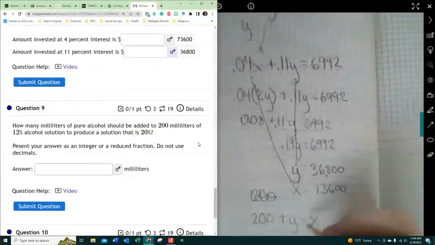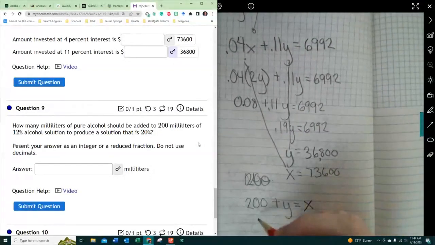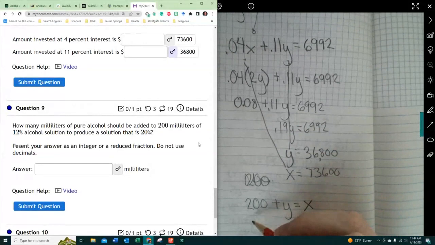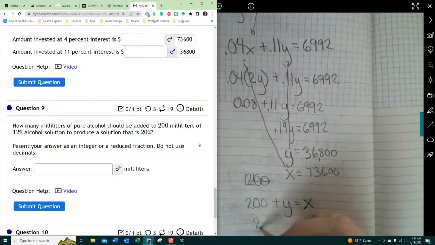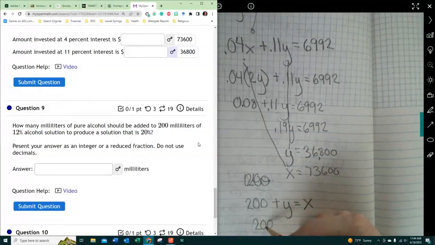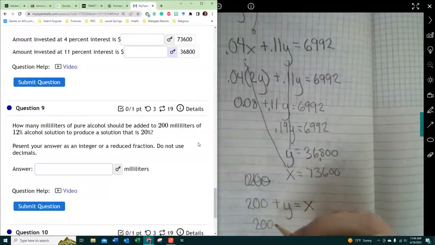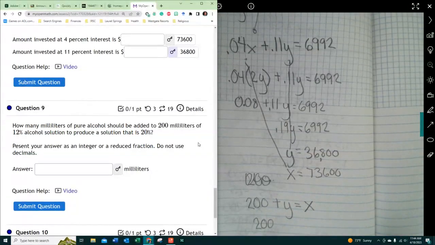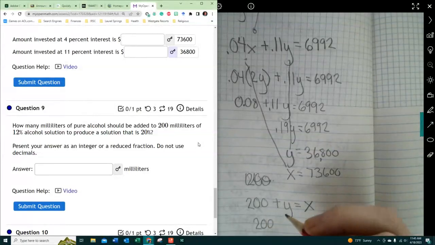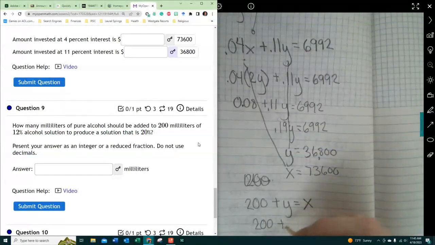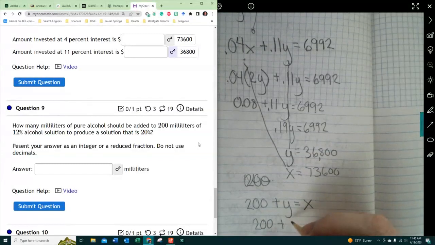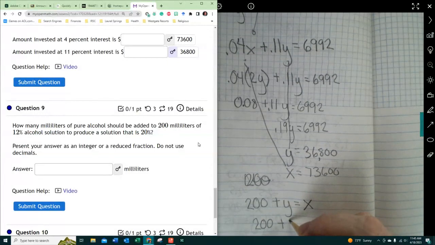Now we have 200 milliliters of pure alcohol, which is going to be 1, that's its percentage, because it's pure alcohol, plus the 12% solution, which we're going to call Y.